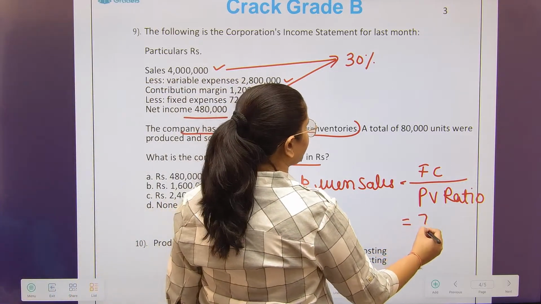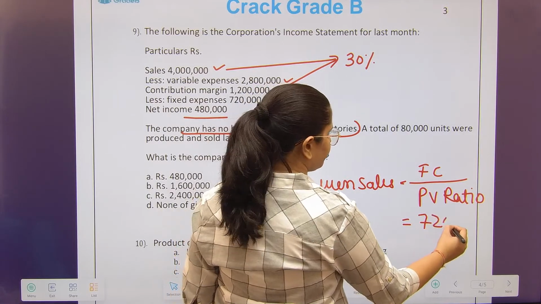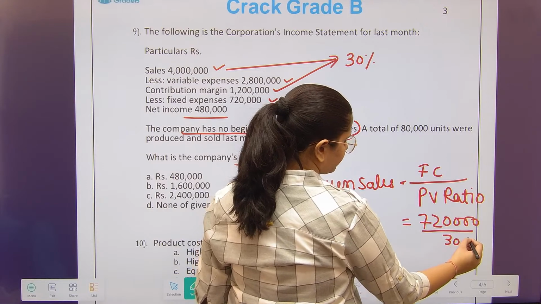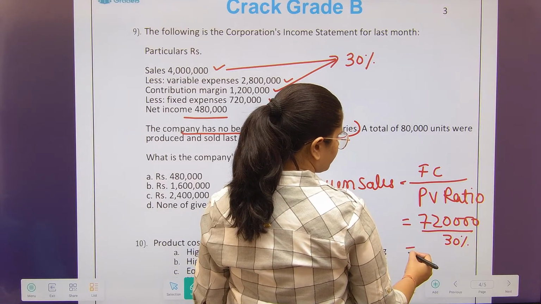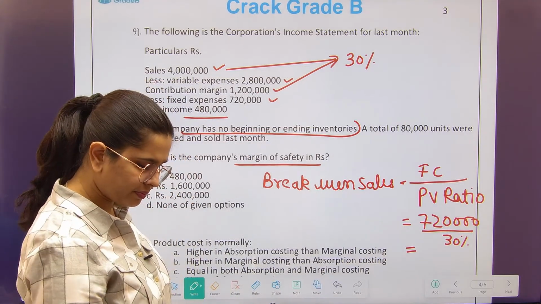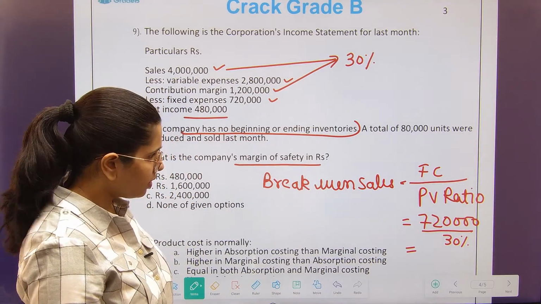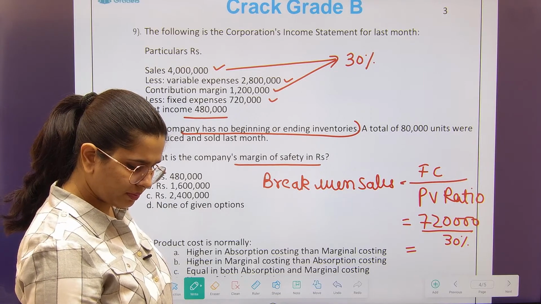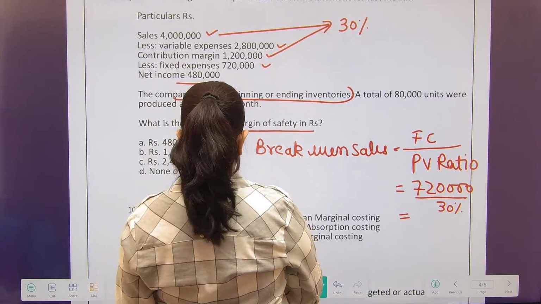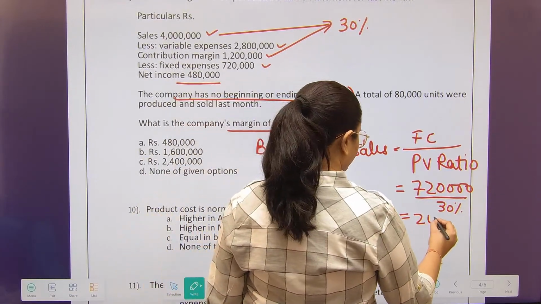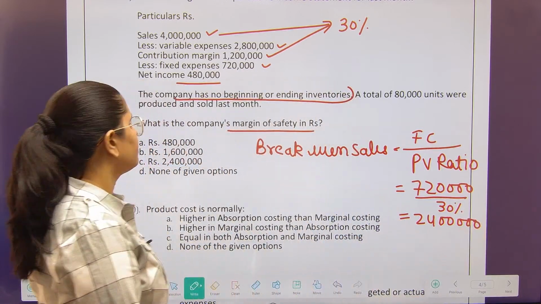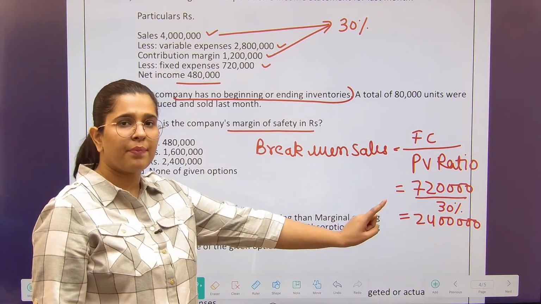Let's calculate. So 24 lakh is my break-even sales.